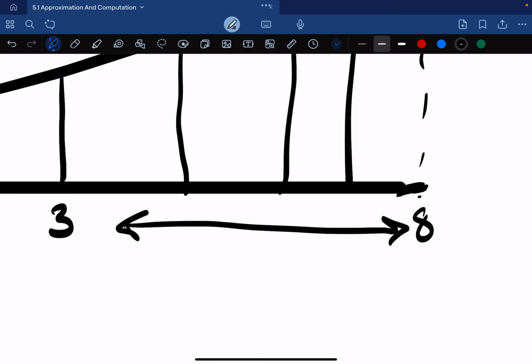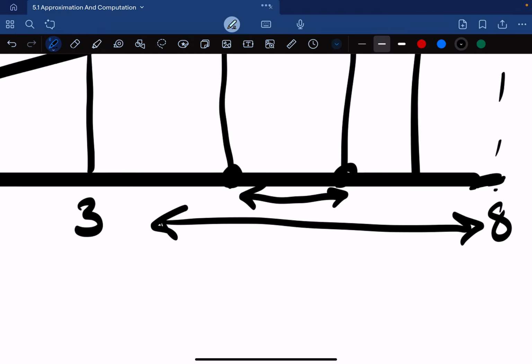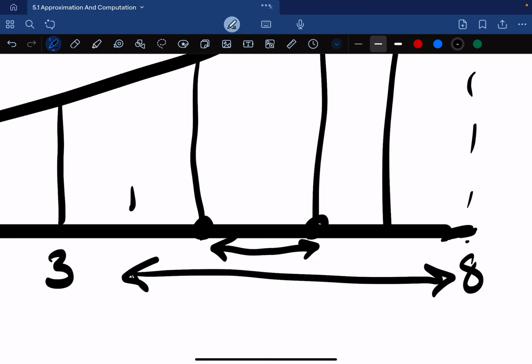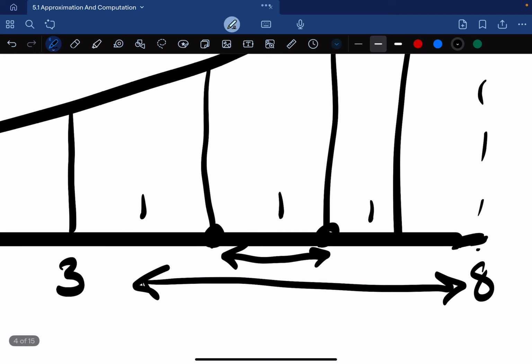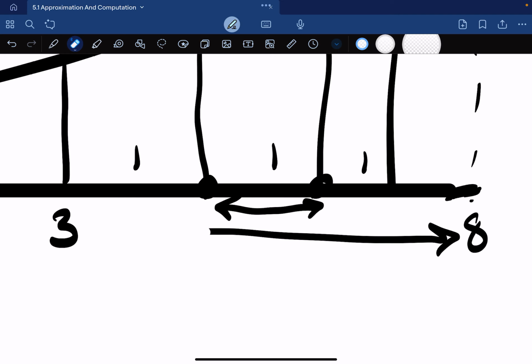Now, a subinterval would be from one of these points to another. An example of a subinterval, assuming that the distance between each of these lines that make the rectangles is 1 unit, would be from 3 to 4.